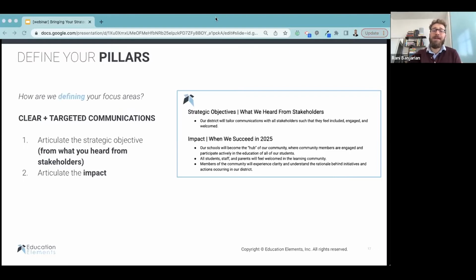So the idea here is that it's one thing to identify what your focus area is, and it's another to really bring together a group of people that is representative of the community and really define your focus area. For example, one of the districts that we've worked with recently defined one of their focus areas as this idea of clear and targeted communications. That's what came out of a round of community engagement. We supported the district.